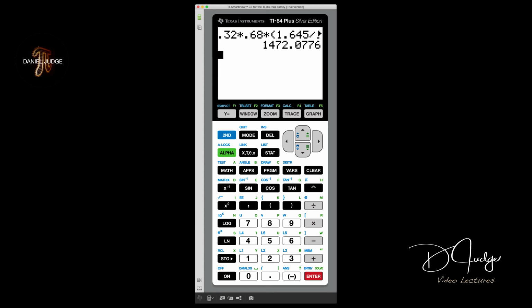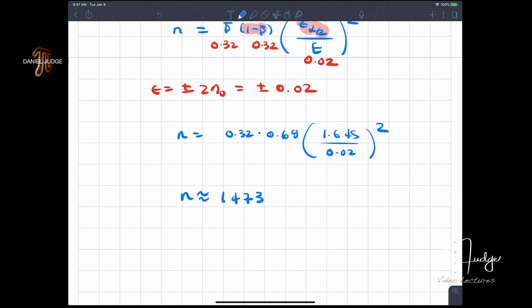So n here is going to be, remember, we round up to the next whole number. Think dollars. Don't tell me 1,472. It's 1,473. Now you say, why, Mr. Judge? Because you're rounding up to the next whole number.